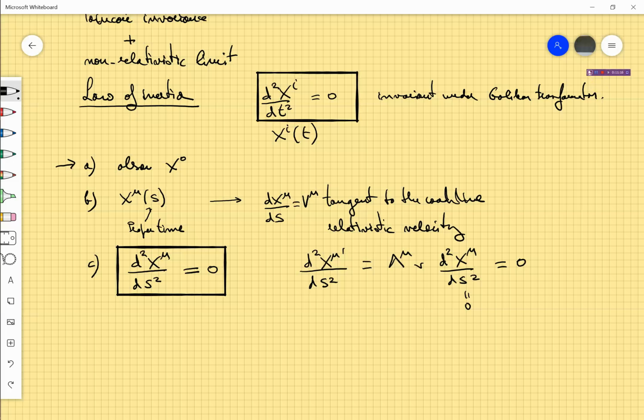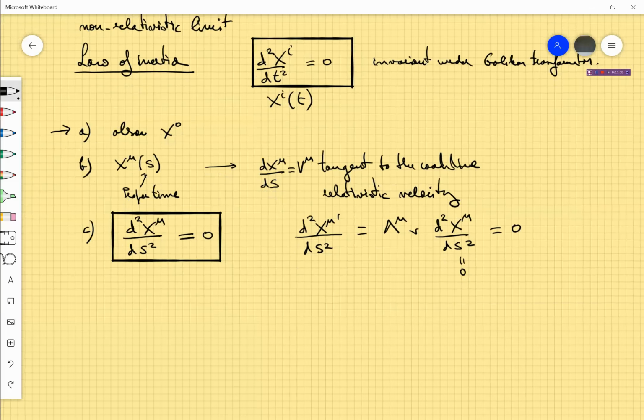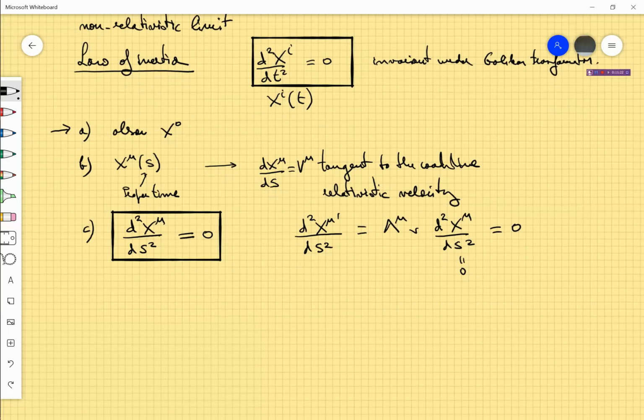So this is, in principle, a good candidate certainly for the law of inertia. We just have to check that for speeds much smaller than the speed of light, this law implies the Newtonian law of inertia.